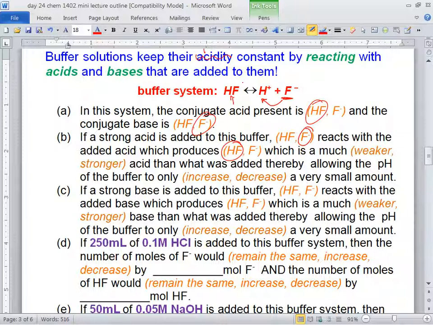Bowdy, what would you say? HF, this is what I kind of changed on your notes. We added a strong acid. We're actually just exchanging a strong acid for a weak acid. So all the strong acid gets converted to a weak acid. Well, a weak acid is much weaker, right? It's much weaker.